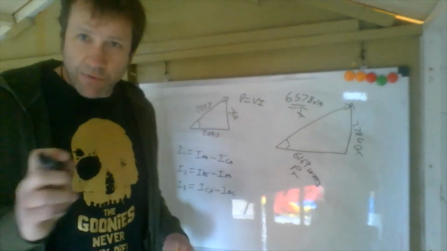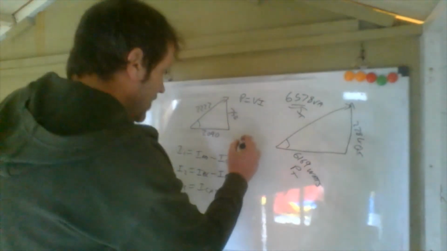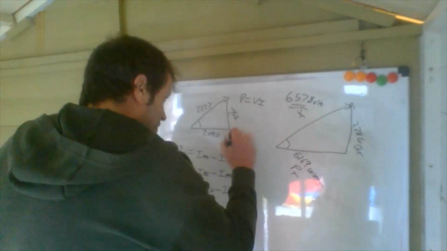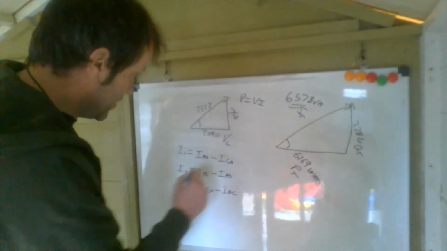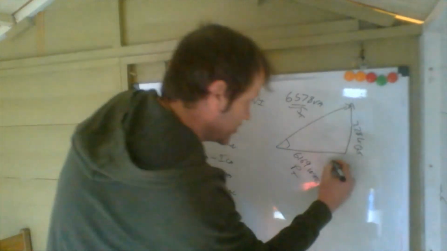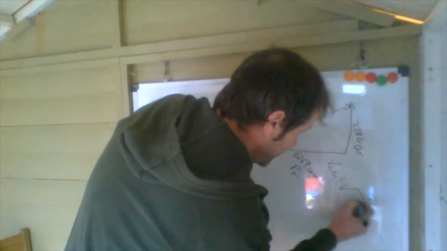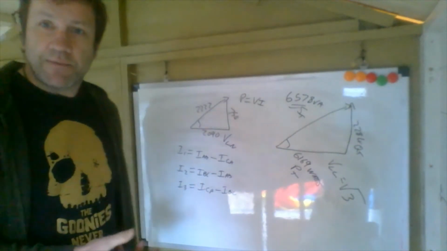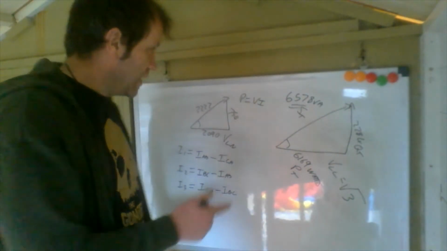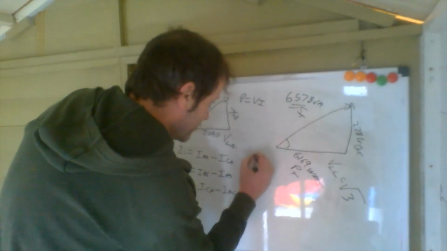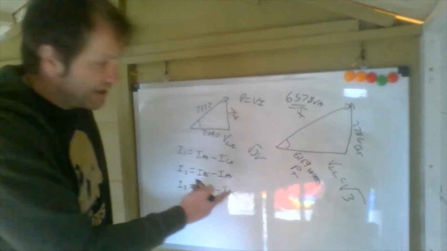So what we're doing here is using the line voltage, line to neutral, but in this one we're using voltage line to line. Now that is root 3 bigger in magnitude. So what's going to happen is, in this circuit you're going to get root 3 times the voltage.